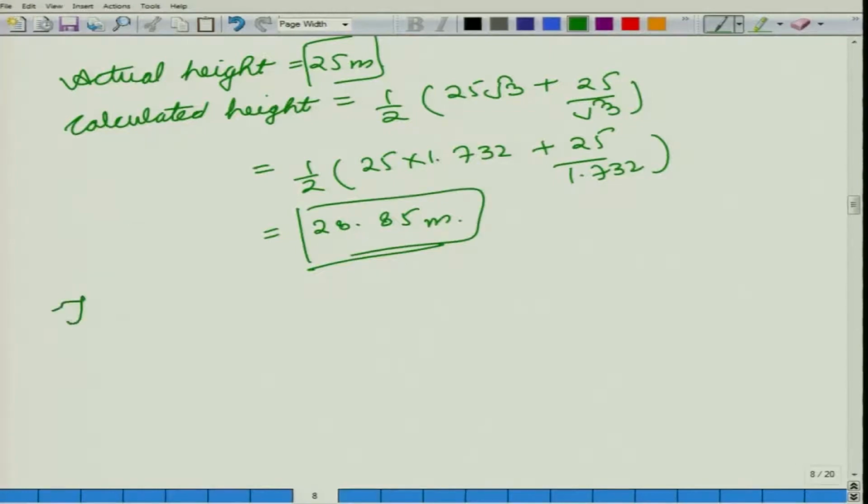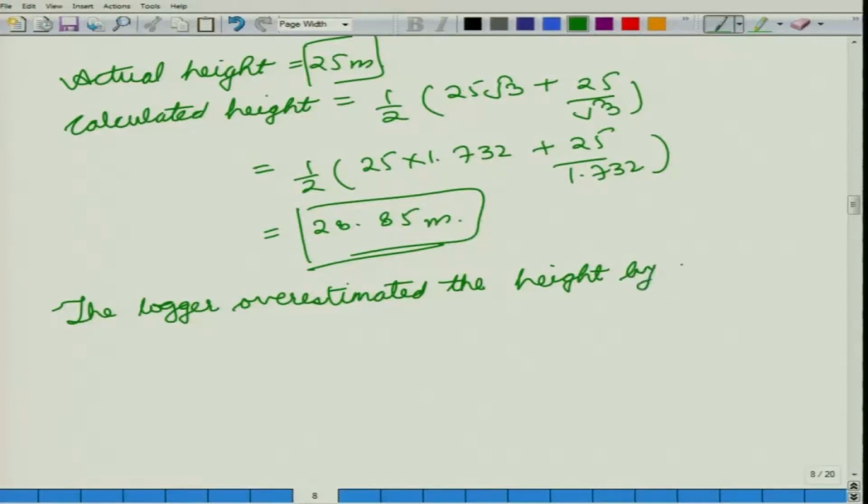So, the logger overestimated the height by 3.85 meters, or if we wanted it in percentage, we can calculate it by 3.85 divided by the actual height into 100, which is equal to 15.4%.